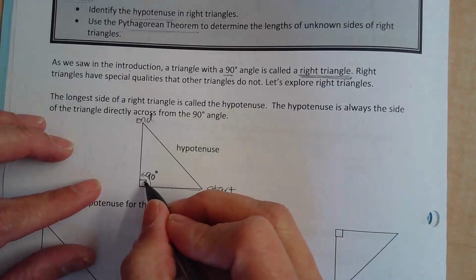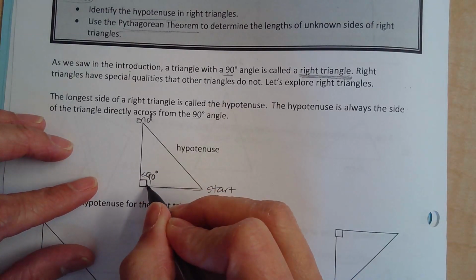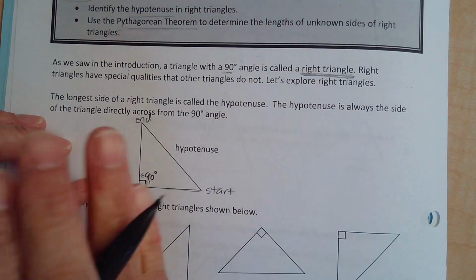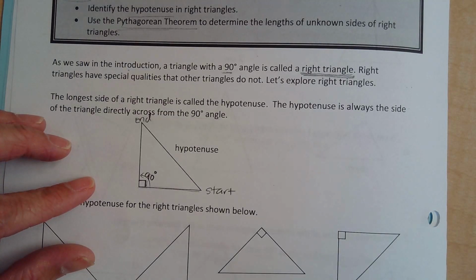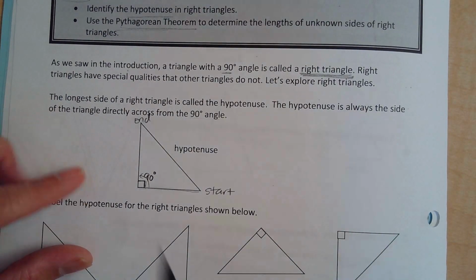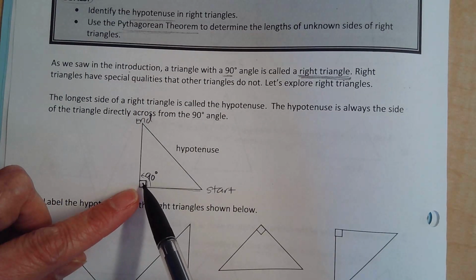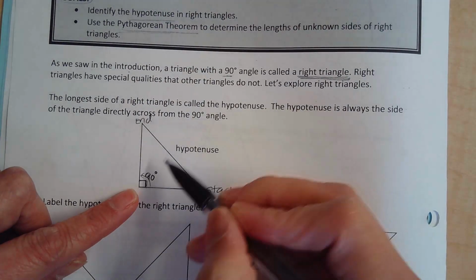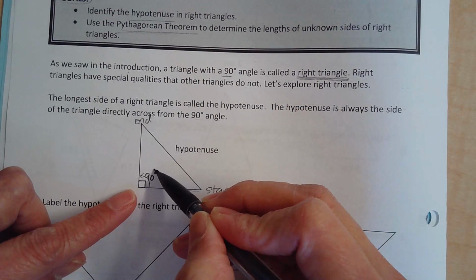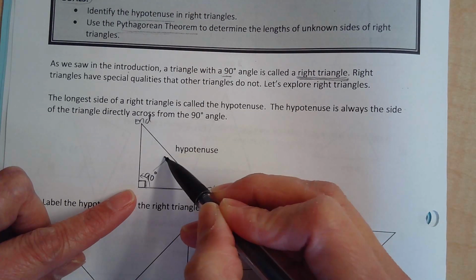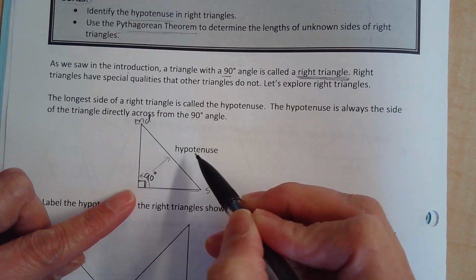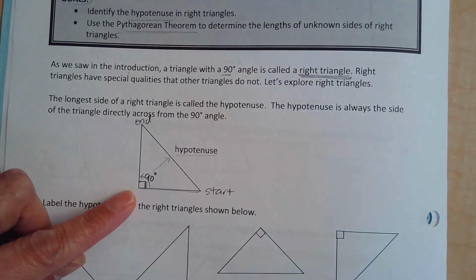So this is going to be 90 degrees. When you see this square here, automatically understand that that angle is 90 degrees. Once we identify which one is 90 degrees, the side that's right across from the 90 degrees is called the hypotenuse.